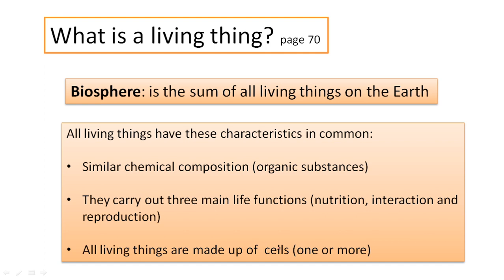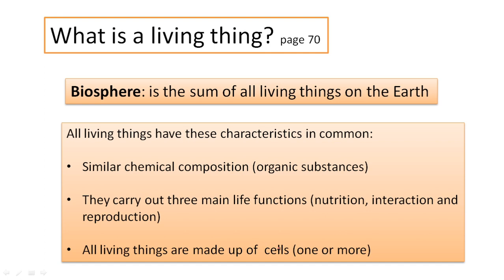If I ask you what's the difference between a living thing and non-living matter, for you it's very easy. If I ask you, is a pencil a living thing? You will say, no, it's not a living thing. Okay? But sometimes it's not so easy. So let's use these characteristics to try to define what a living thing is.